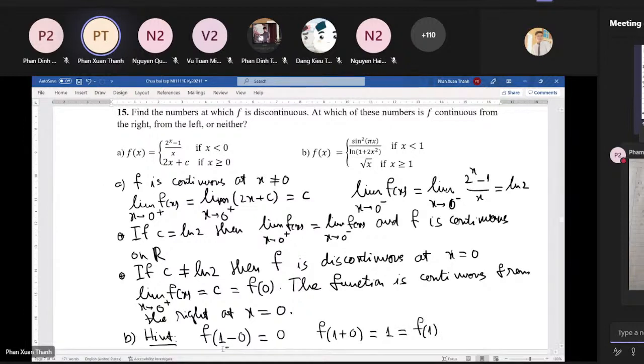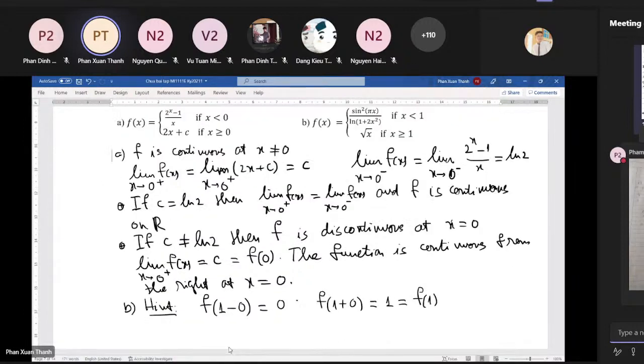So the left-hand limit is different from the right-hand limit, and the function f is discontinuous at x equals 1.